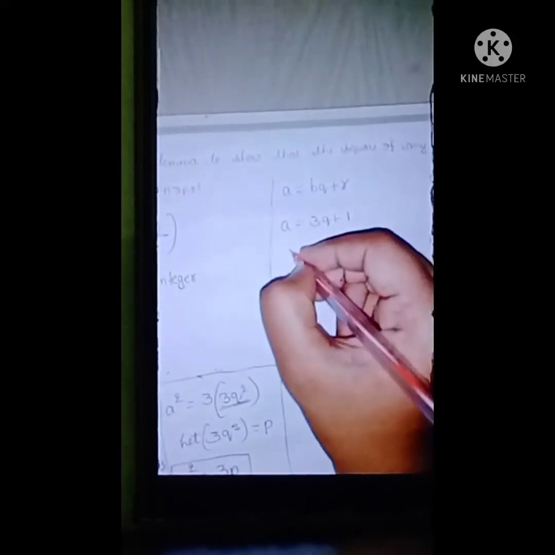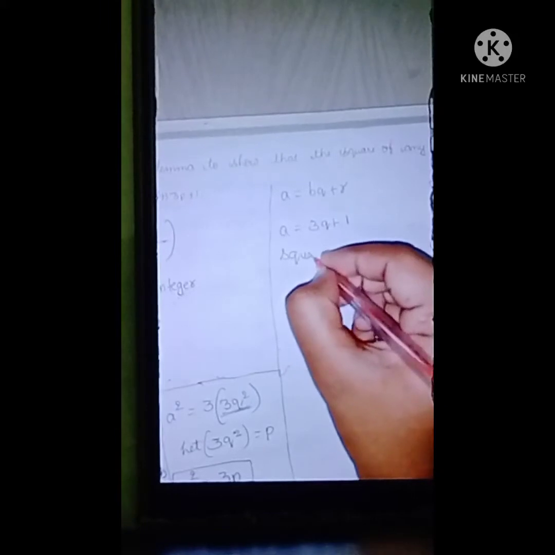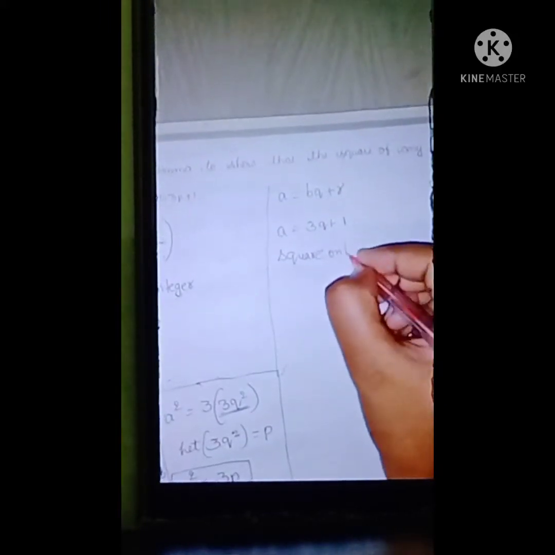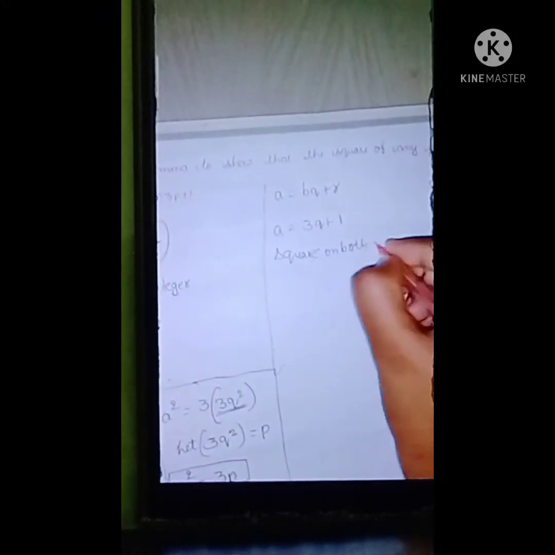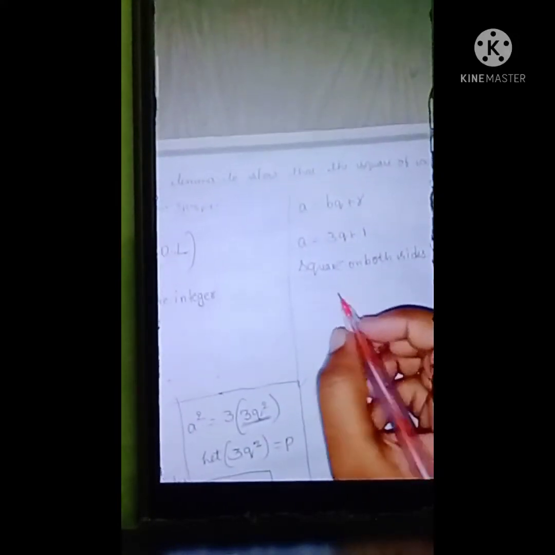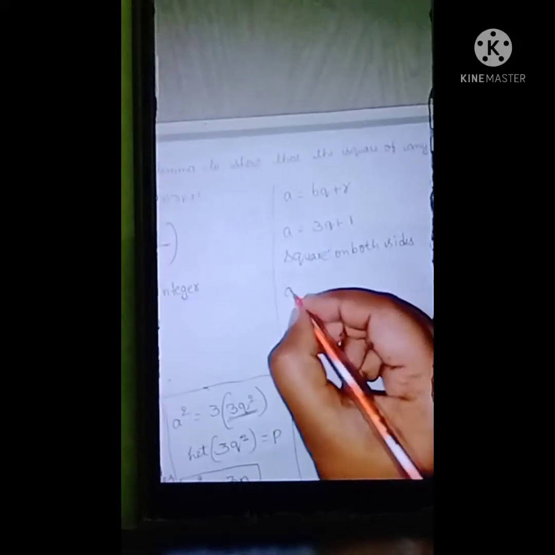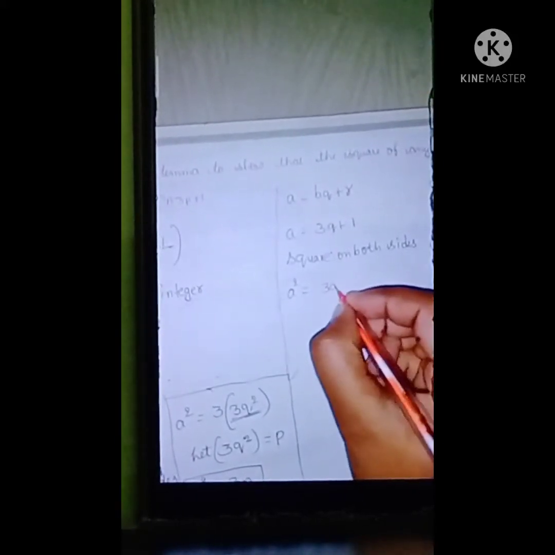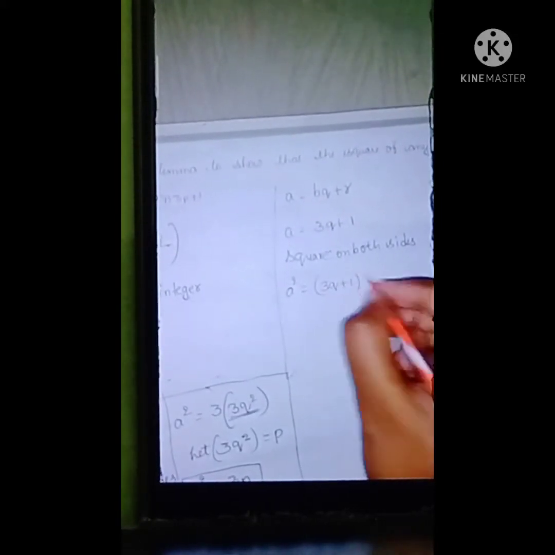Okay. Now see here, square on both sides. What we get when we do square on both sides? We get a square is equals to 3q plus 1 whole square.